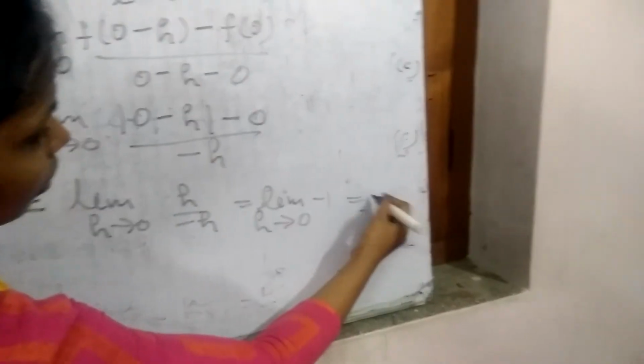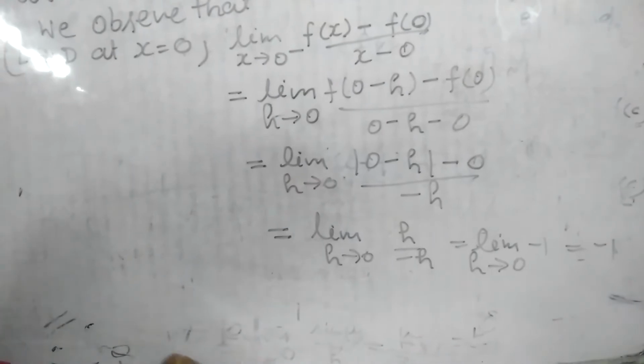Then we get -1. Here the left hand derivative is equal to -1.